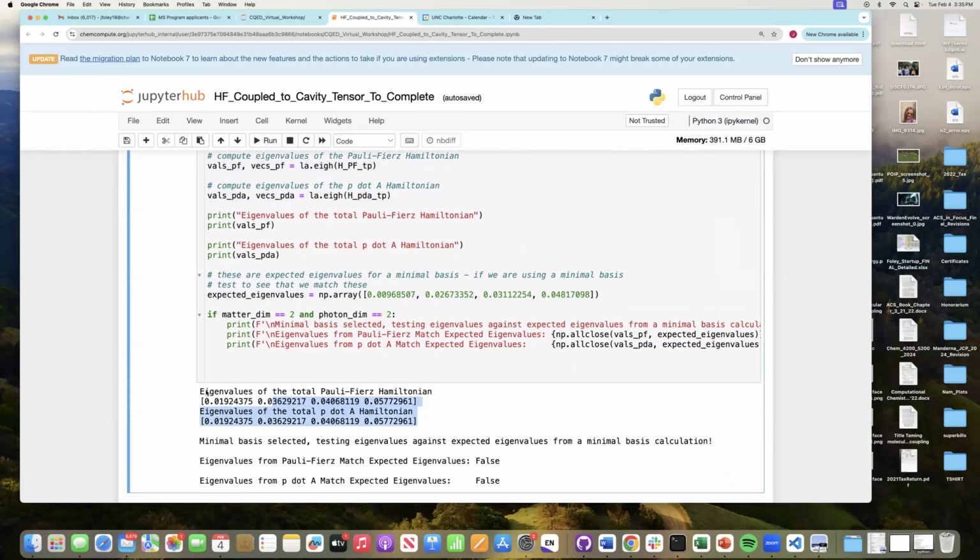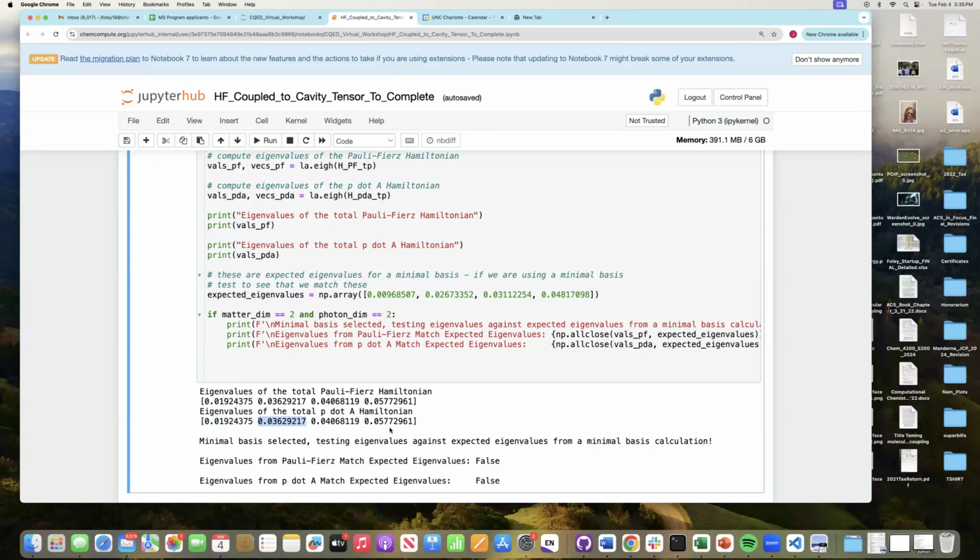So when we see this result down here, where we get exactly the same eigenvalues out of both of these Hamiltonians, that's a good sign that we have implemented these consistently. And they're exactly the same, element by element. The ground state exactly matches the ground state of the P dot A. The first excited state of Pauli-Fierz exactly matches the first excited state of P dot A, and so on.